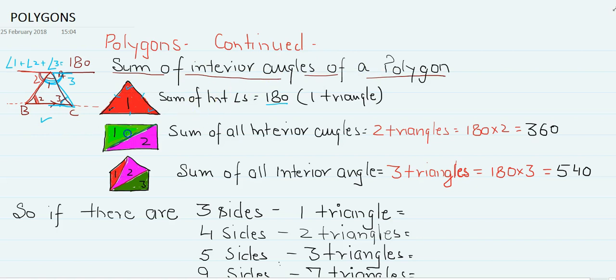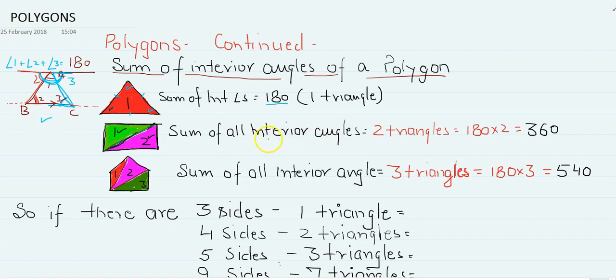Now let's talk about a quadrilateral. A quadrilateral has 4 sides: 1, 2, 3 and 4. We can divide it into 2 triangles, 1 and 2.